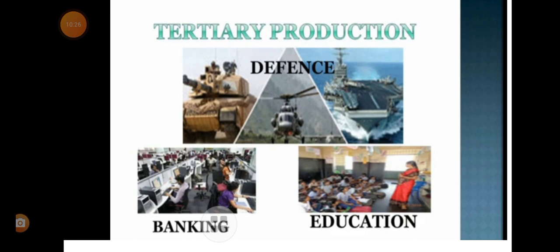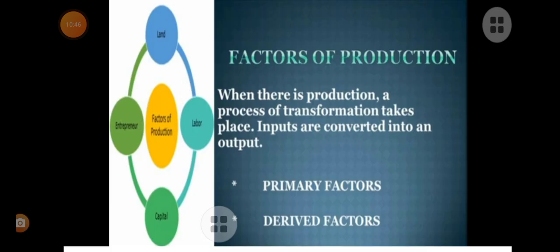Teaching comes under service. Teachers are not doing any production or process. They are called service. So tertiary production is related to services. These are the three important types of production.